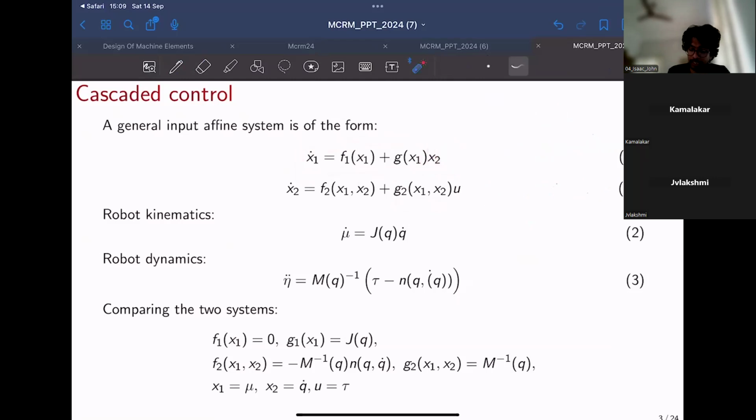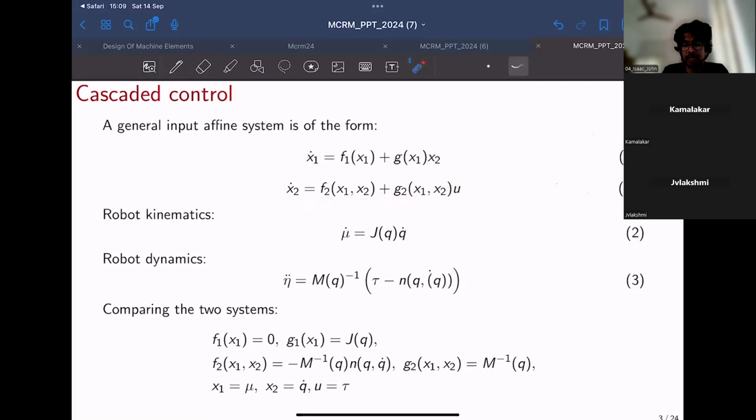But theoretically, if these two systems are completely independent of each other, you can use this x2 to control this x1 dot. If you want the system to be stable, you can have this x1 dot be some negative quantity so that it will be more or less stable. You can have something like that. And to control this x2 state, you can use this control vector u, if both of these systems were independent.